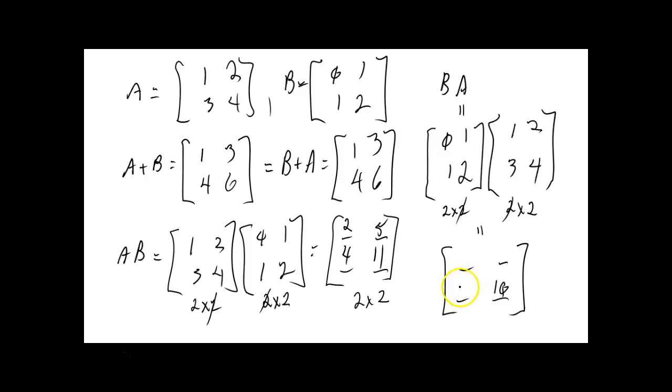Second row, first column. That's why I don't like to do them this way. I forget which one I was doing. Pick another one. 1, 1. All right. Okay. And what would you do to get the 1, 1? First row by first column. What would that be? 0 plus 3 is 3.